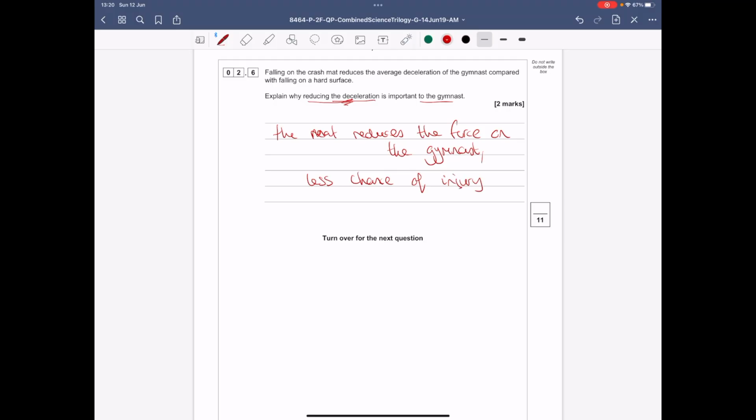It's the same principle that children's playgrounds also have. They have that spongy, foamy material around the swings, because if a child falls off, they're not hitting a very hard surface, they're hitting a softer surface, which will increase the time of the collision and therefore reduce the force on the child. So if they put it in that situation, it's the same principle.